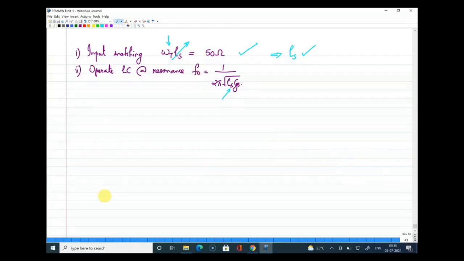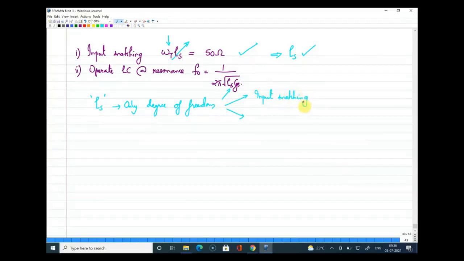So the point here is I have only one degree of freedom. This is the only degree of freedom available to me. With the LS value, I need to do two things. One is I need to do input matching, and another is I need to operate the LC at resonance, which is difficult.